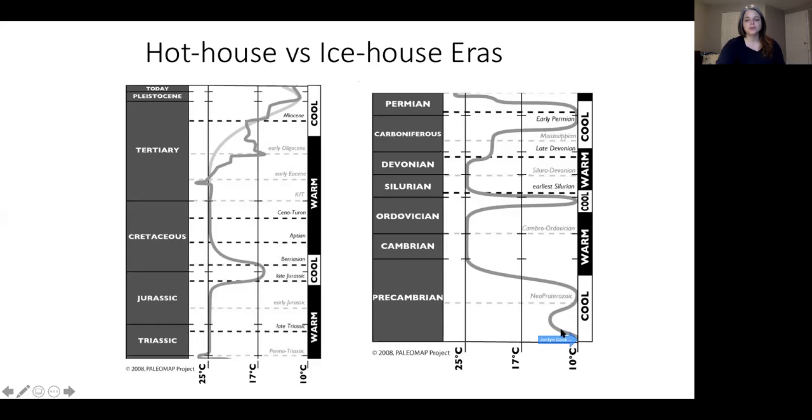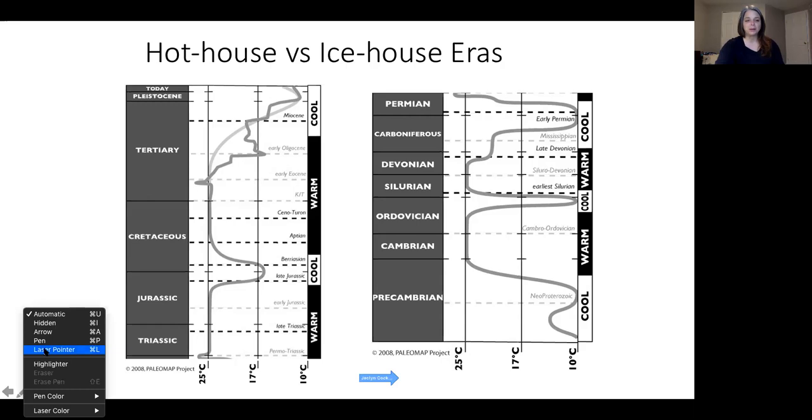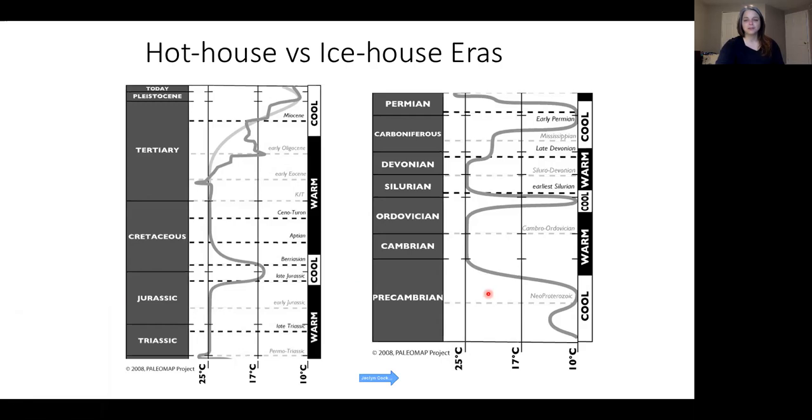And I've now lost my pointer entirely, this is terrible. Let's go back to mouse. I'm on the bottom right down here, everybody, sorry. Maybe I'll do it with PowerPoint. Yeah, I've got a laser pointer down here.